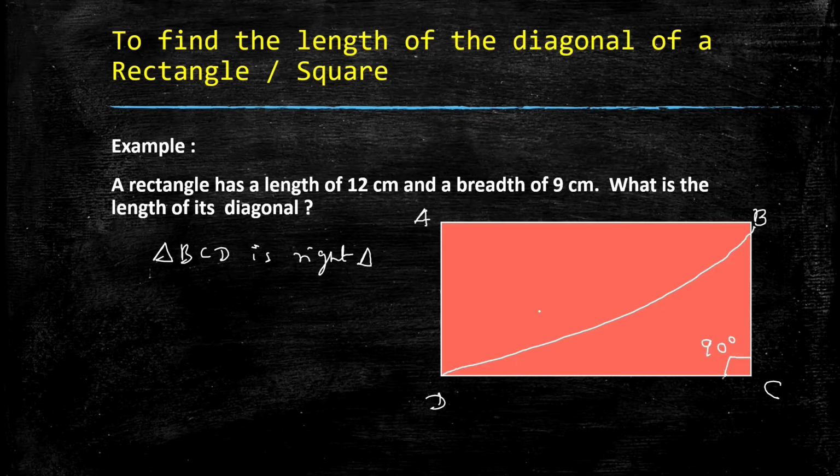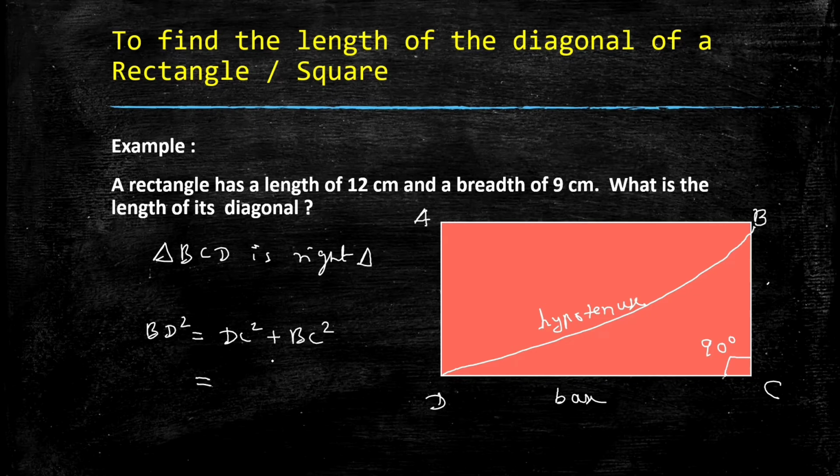Now BD becomes your hypotenuse, right? BD becomes the hypotenuse, and this is the base and this is the perpendicular. Now we can easily find out what BD square is equal to: DC square plus BC square, by Pythagoras theorem.